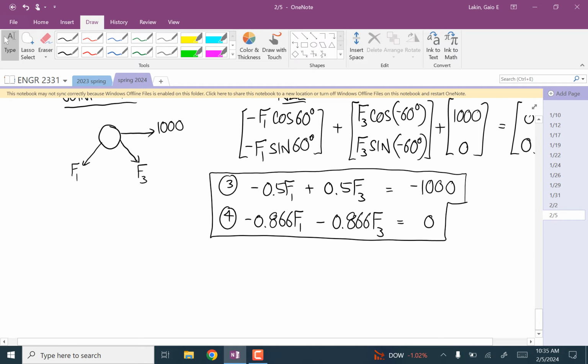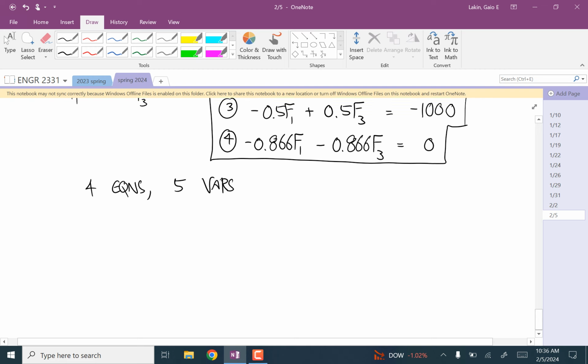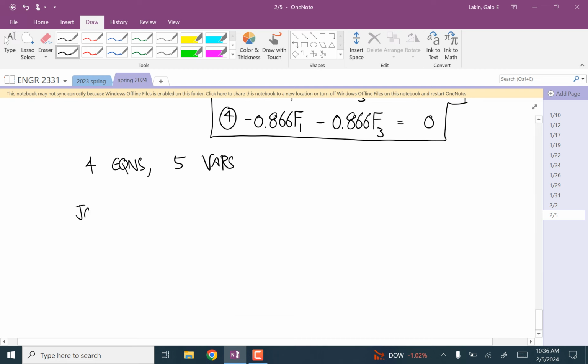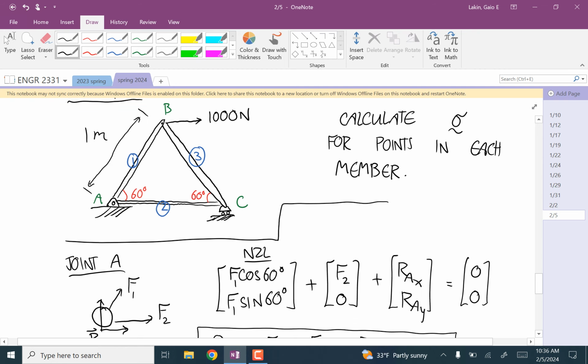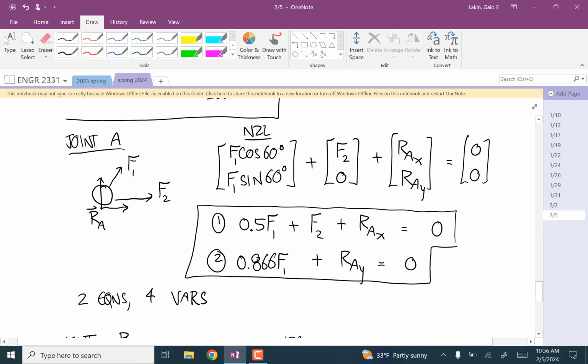Okay, so what do we have now? We have 4 equations. We added one more variable, so we have 5 variables. And now we'll go to joint C. We have the tension from member 2 and the tension from member 3.